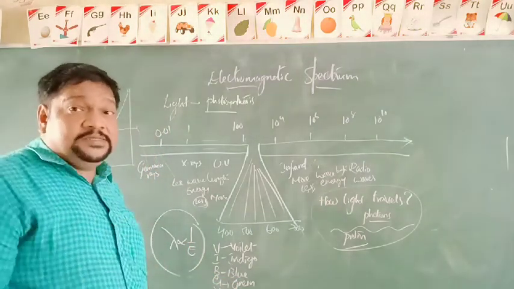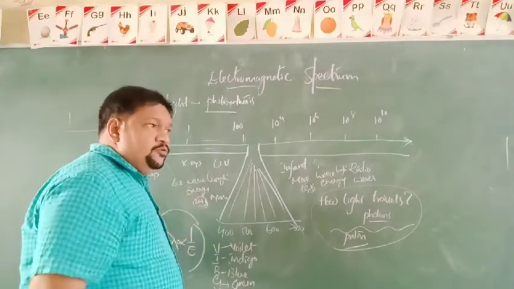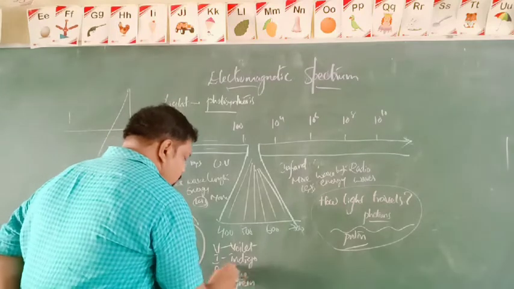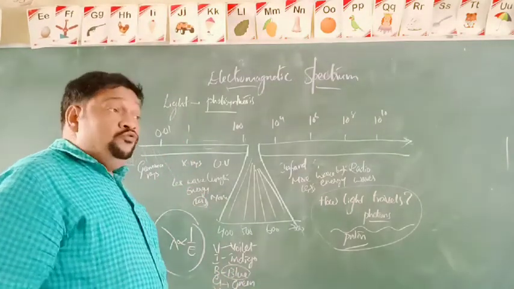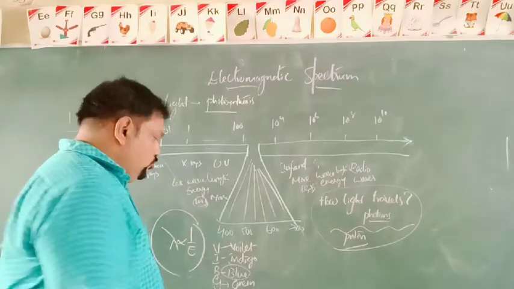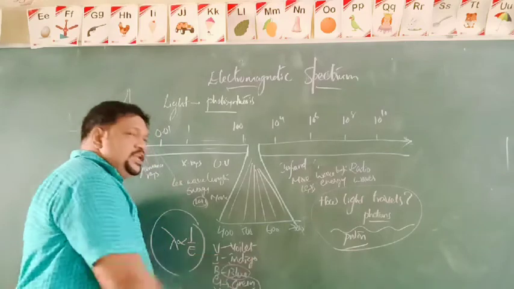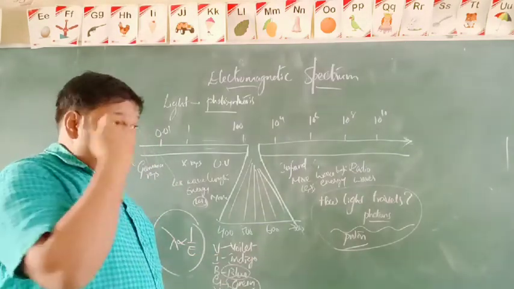We already discussed in the class in which colors the maximum rate of photosynthesis takes place: blue and red. Which color of VIBGYOR does not participate in photosynthesis? Green color. Why are plants green in color?